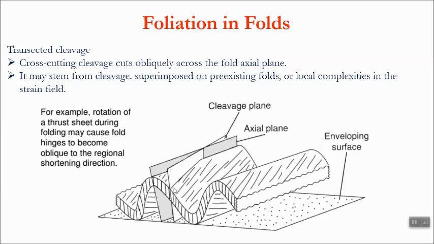This fold itself is related to some kind of compression. So there is a separate kind of compression also occurring, due to which this alignment of mica is along these previous planes. This way the sets of deformations which are superimposed over each other can be visually identified from the foliation planes in the rocks.